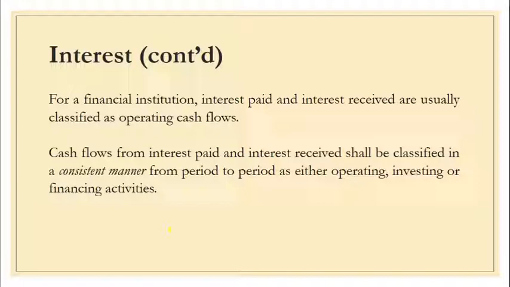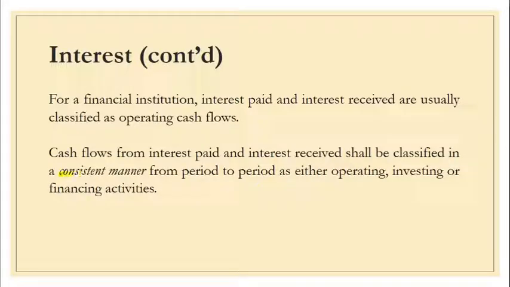However, for those companies that are not financial institutions, manufacturing, diba? The recognition of their interest payments or interest income shall be classified in a consistent manner from period to period as either investing, operating, or financing. One thing that needs to be observed though is, again, it should be consistent.